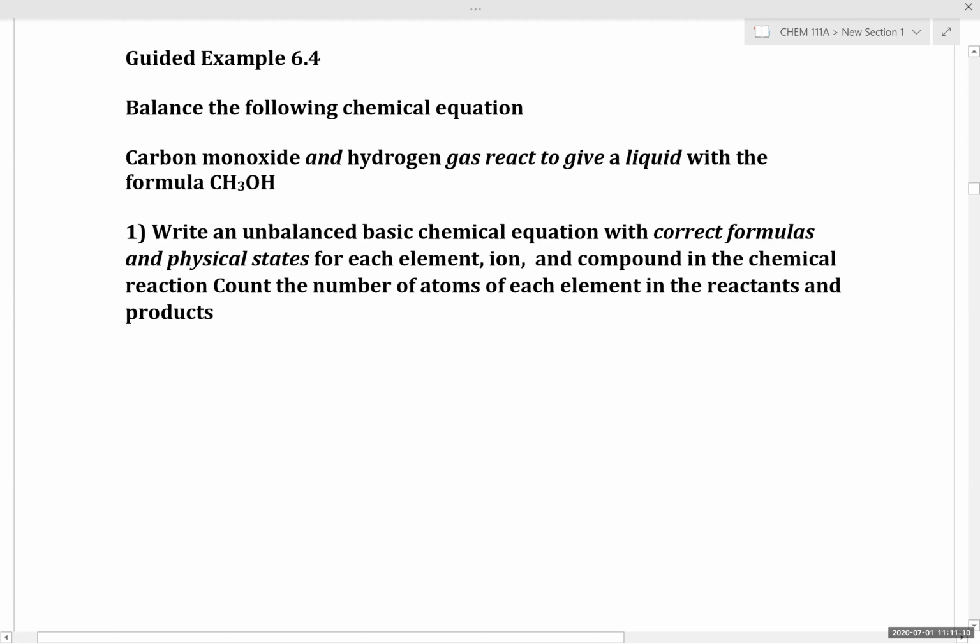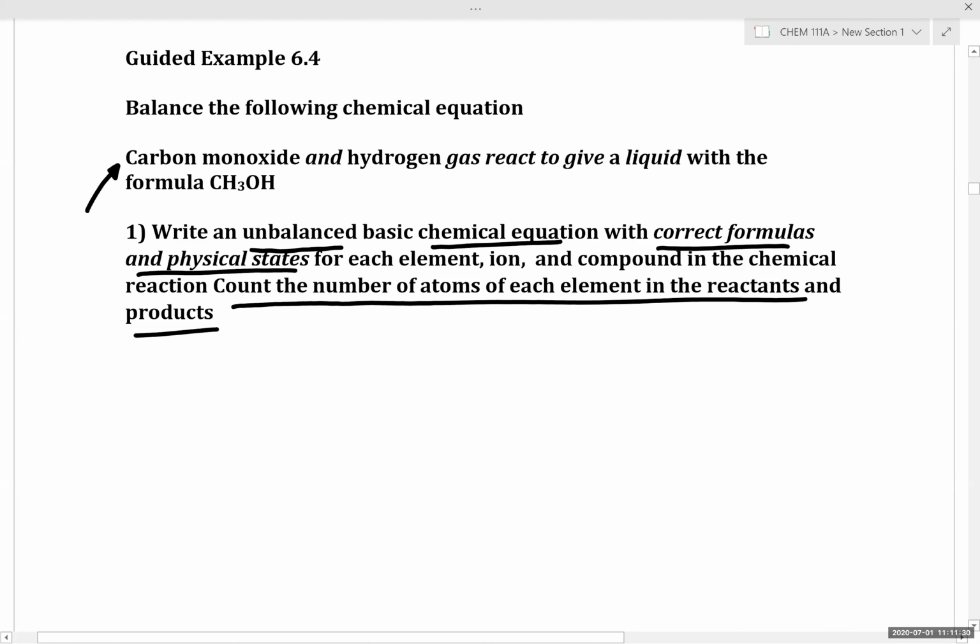Let's start by writing out an unbalanced chemical equation with the correct formulas and physical states. Then, once we have that established, we're going to count the number of atoms of each element in the reactants and products. So I'm going to need everyone to help me out here. Carbon monoxide.